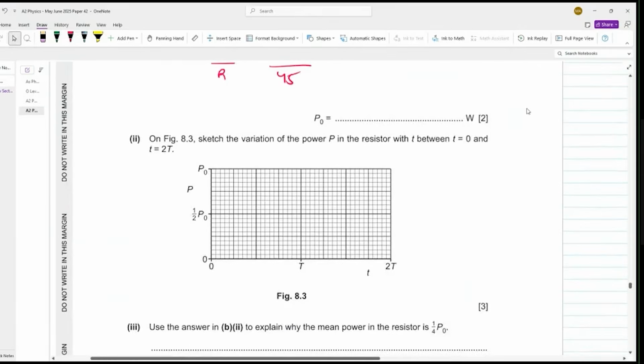On figure 8.3, sketch the variation of power in the resistor with time t between time t equal to 0 and time t equal to 2T. You have to draw a power versus time graph.